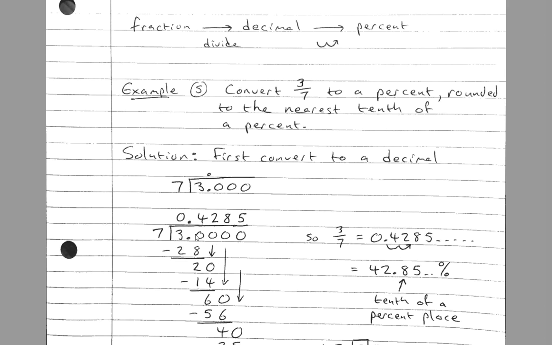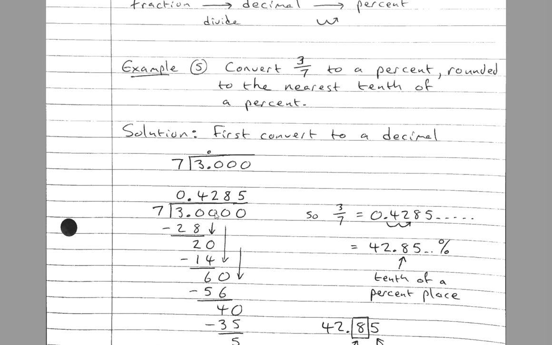For this question, it turns out we need 4 zeros, but let's see. If we start the calculation, 7 goes into 3 0 times, but 7 goes into 30 4 times, and the 4 goes here.